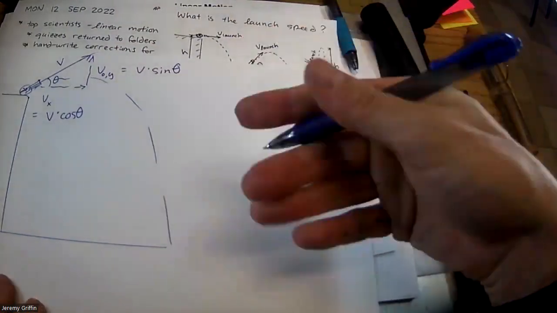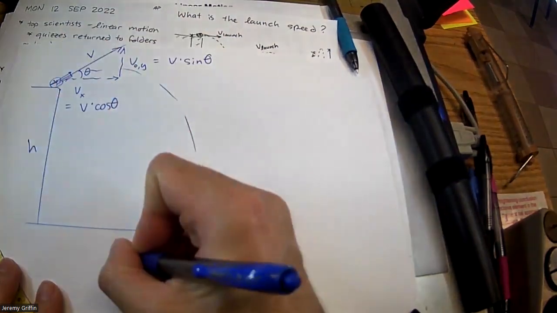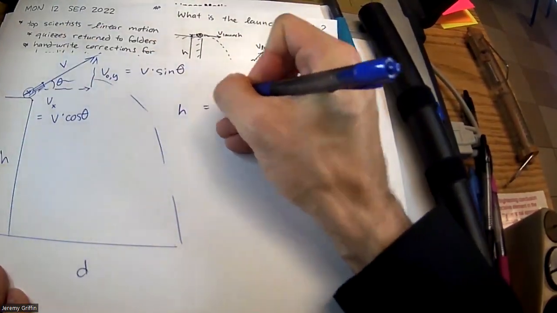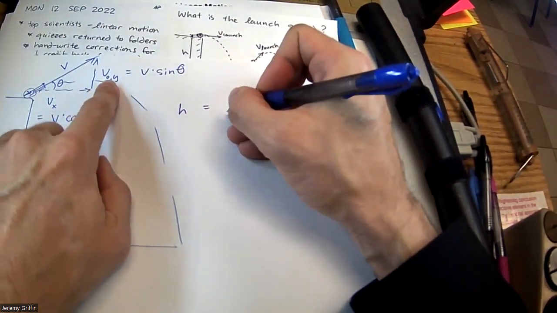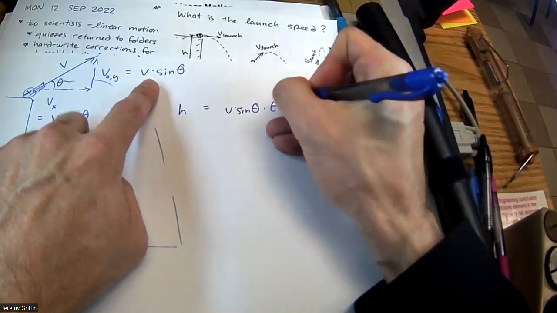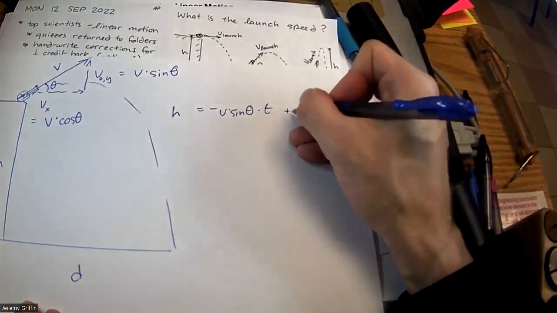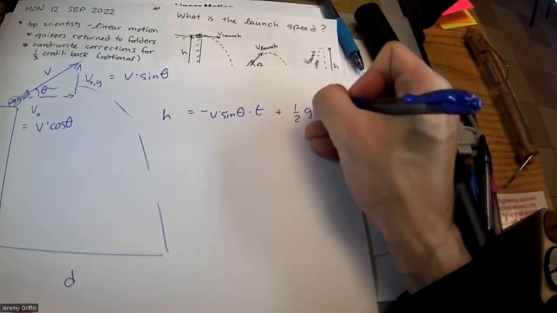Then you would have said you had to solve this with a system of equations, which would have been really tricky. Here's h, here's d. I could say the height drop equals v naught y t, which is v sine theta times t, and it'd be in the negative direction if down is positive, plus 1/2 g t squared.